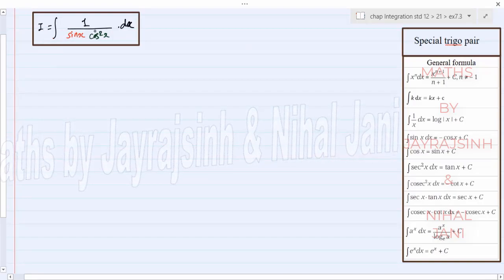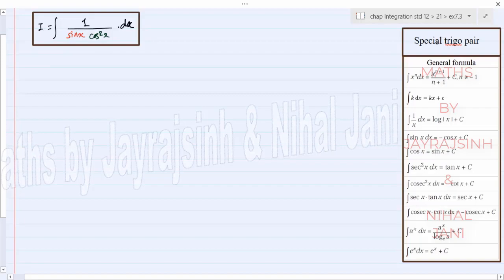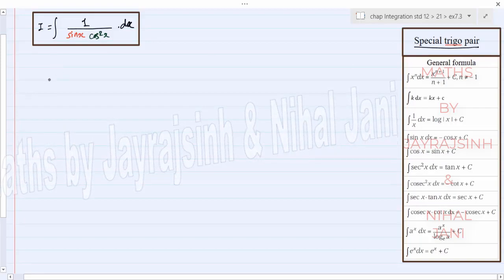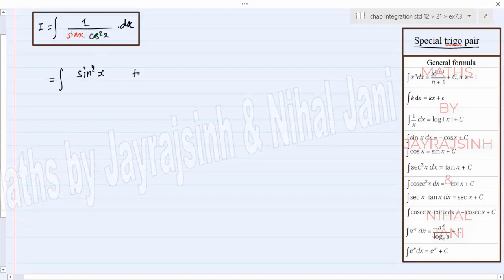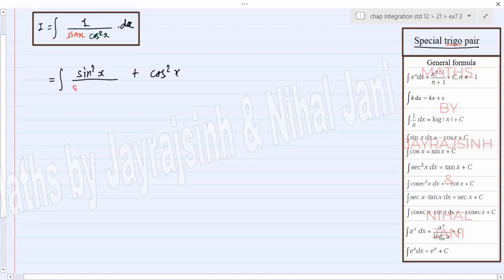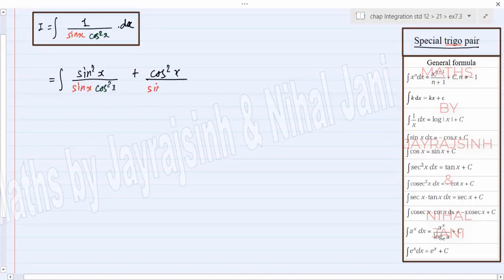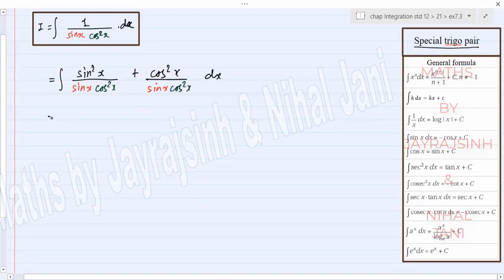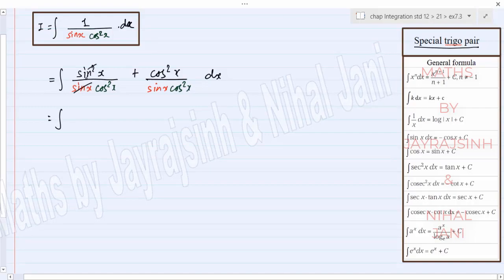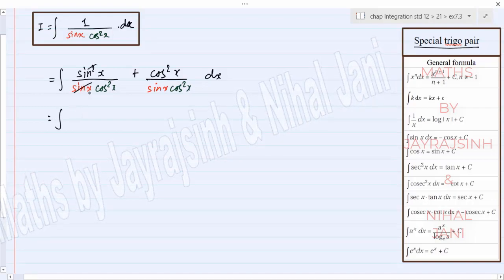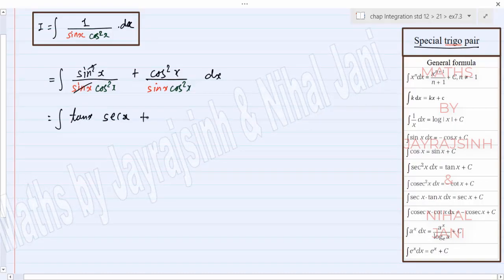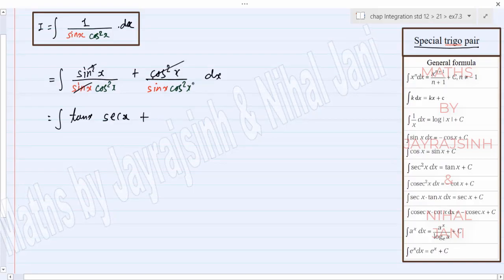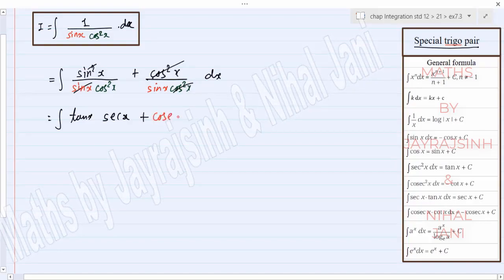Here you have to integrate 1 upon sin x into cos square x, which has a special trigonometric pair. So we can replace this 1 by sin square x plus cos square x and give individual denominator of sin x into cos square x. So we can simplify this as sin x cancels out, sin x upon cos square x, which can be converted into tan x into sec x, plus in the second term cos square x will cancel out, 1 upon sin x, or we can say cosec x.